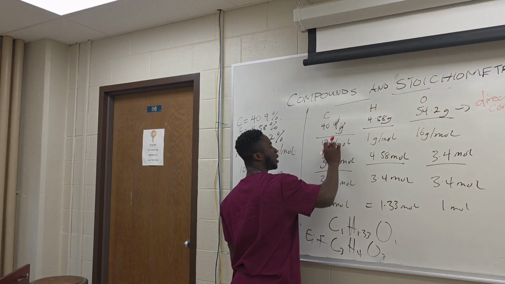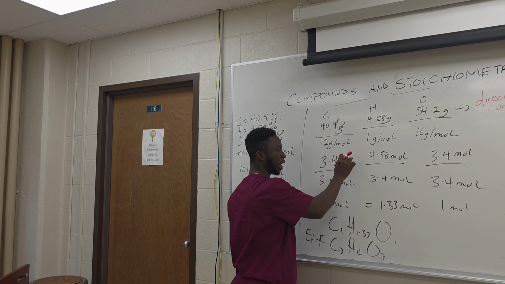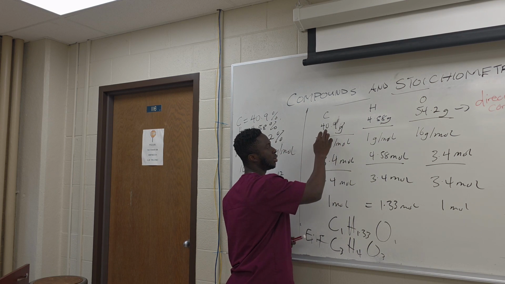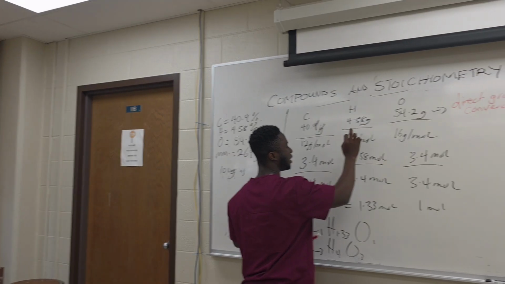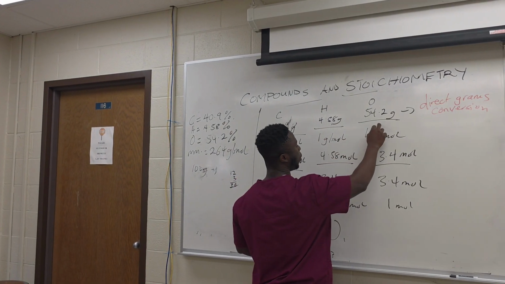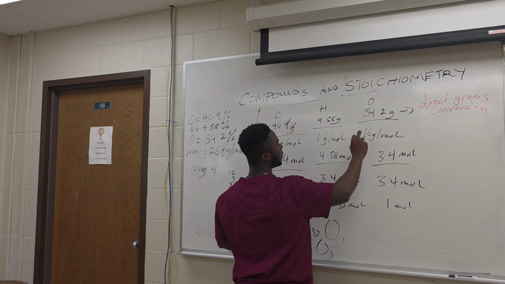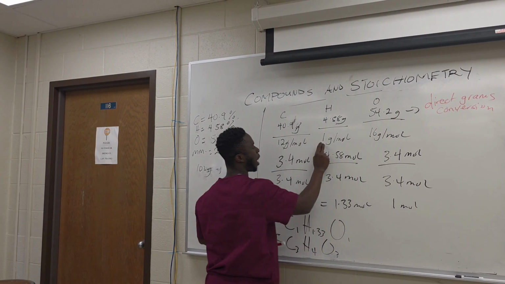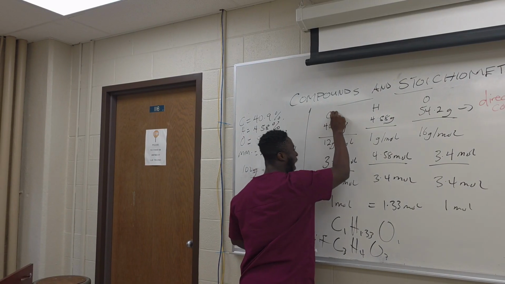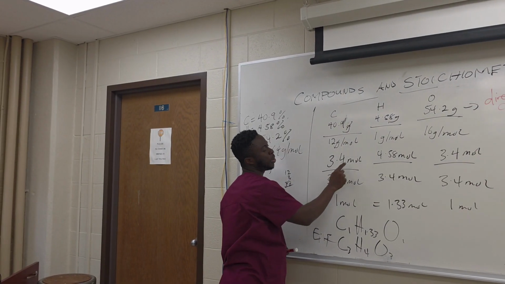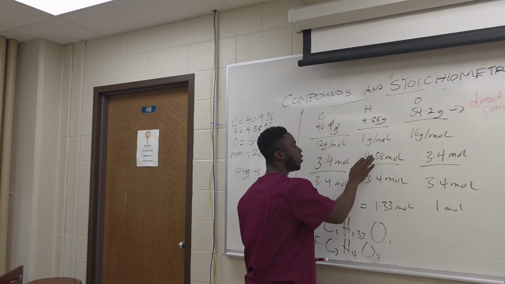So that gram cancels gram, and I'll just get mole left behind, right? So when I divide 40.9 by 12, 4.58 by 1, and 54.2 by 16, the 16 being the molar weight for oxygen, 1 being the molar weight for hydrogen, and 12 being the molar weight for carbon, I get 3.4 moles of carbon in the compound that we're talking about.